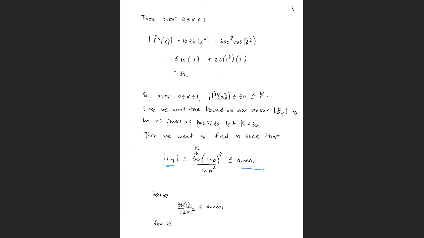Well, by having your error bound less than 1/10,000th, that assures that your error will be less than 1/10,000th. So again, we have an inequality to solve for n.